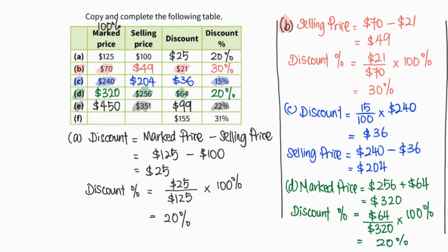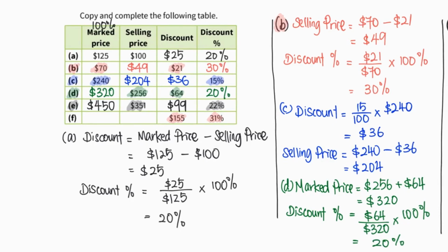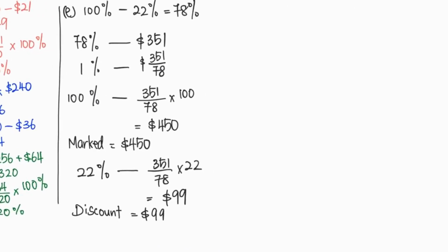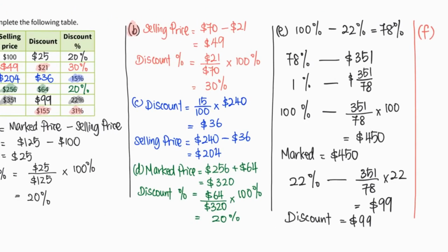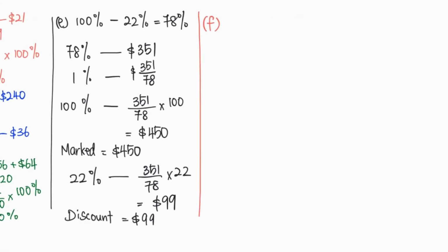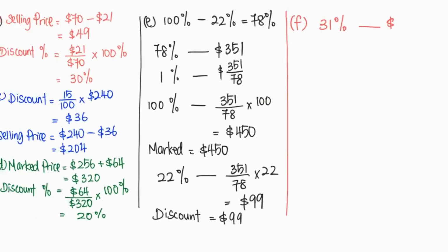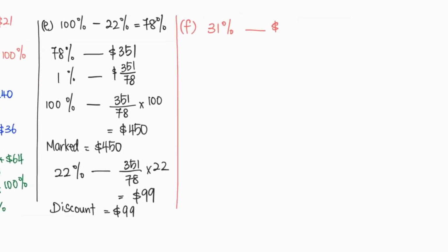Last but not least, for part F, we are given the discount and the percentage that is represented by it, 31%. So I'm going to find 100% again. Pretty straightforward. 31% represents $155.